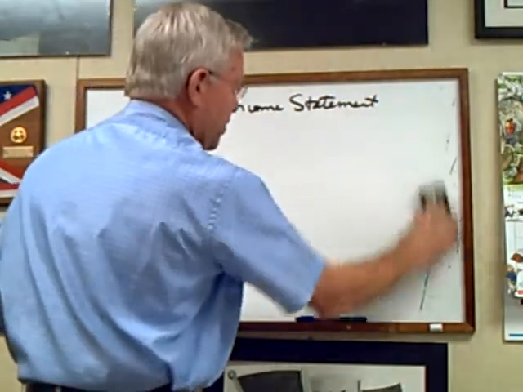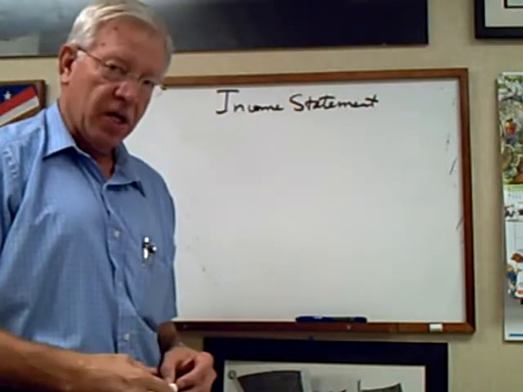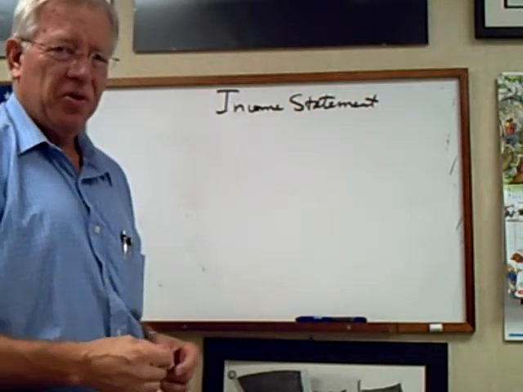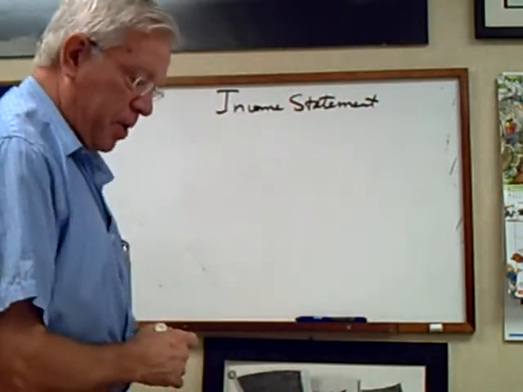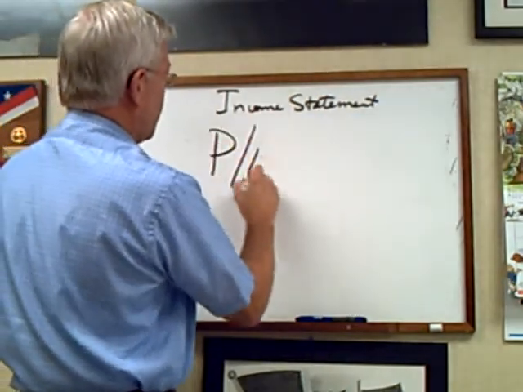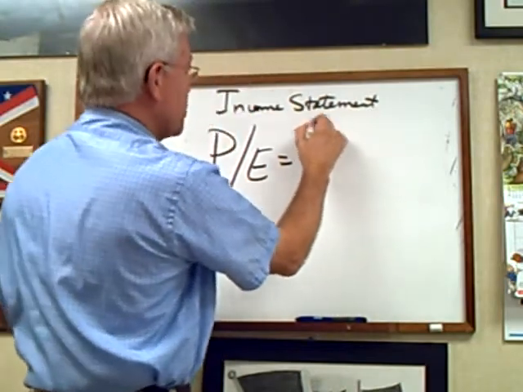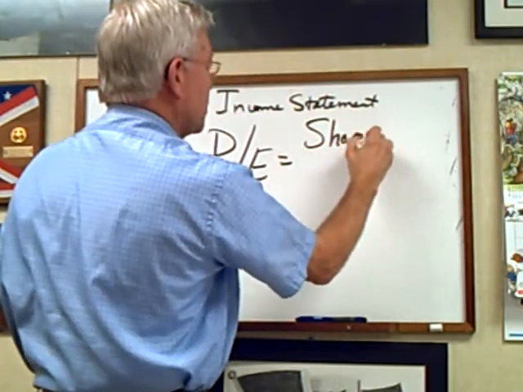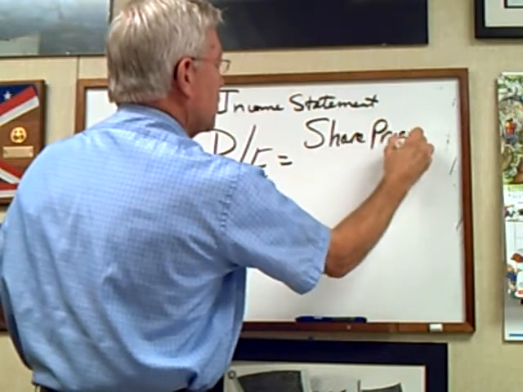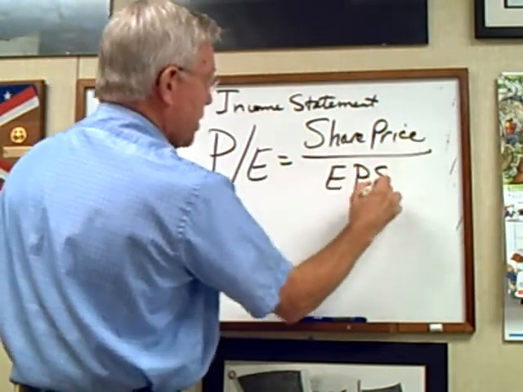And I recall, I think I sent a document to you that discusses one of the debates about the PE ratio. So the price to earnings ratio is simply the share price divided by the earnings per share.